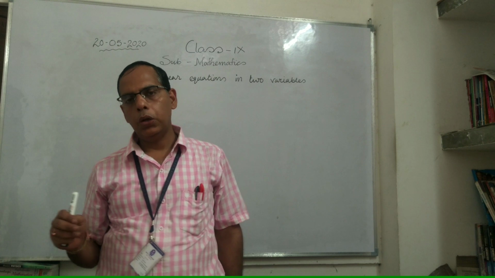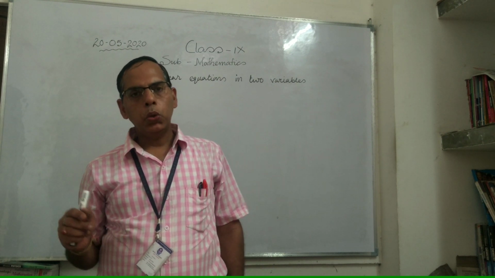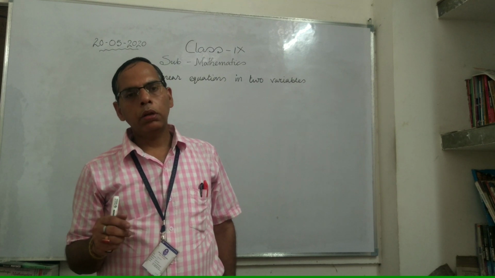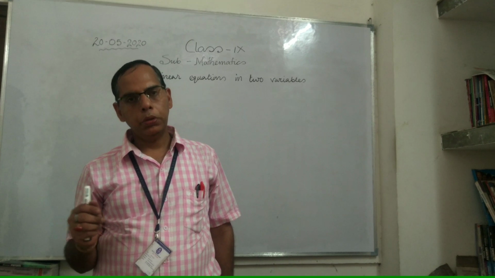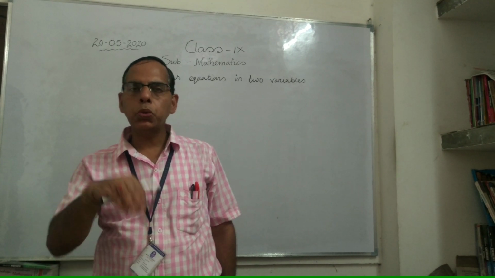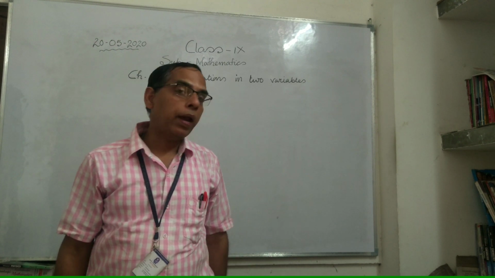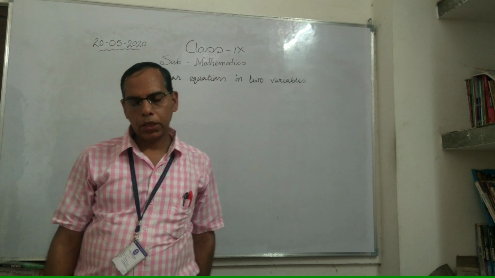And at the end, we also calculated the values of x and y more than 2 times, and how to convert an equation into a dependent equation. So that much we did in our last class.